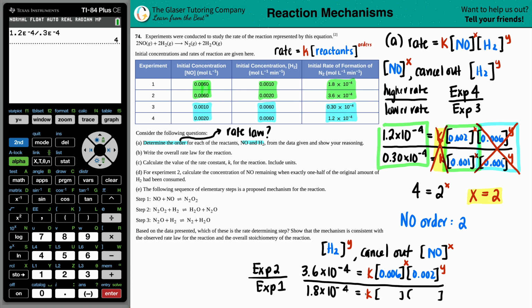And what do we got? This is experiment 1. So we have 0.006 again, and then 0.001. Now, just note, guys, that as you get better with this, the speed at which you'll be able to answer this question will become faster.